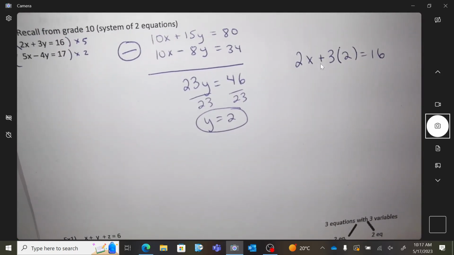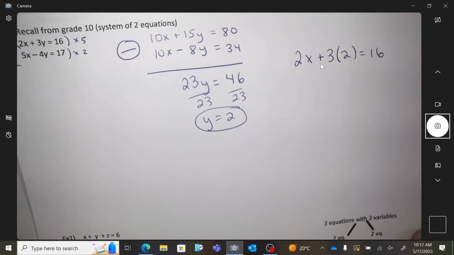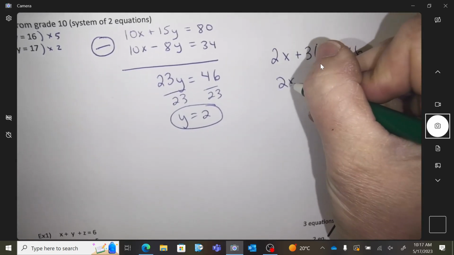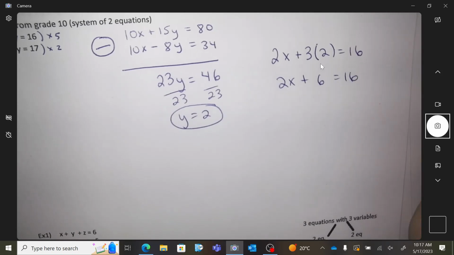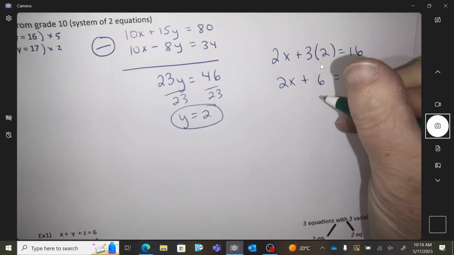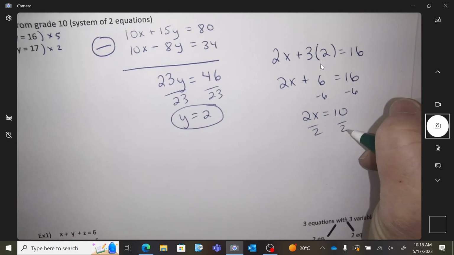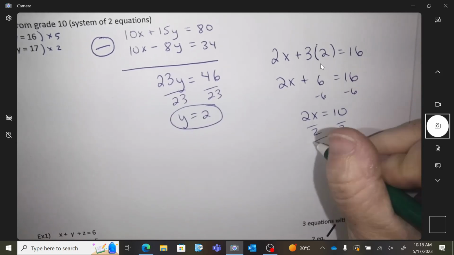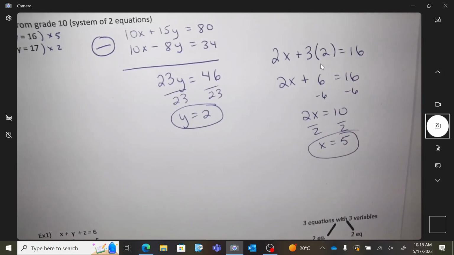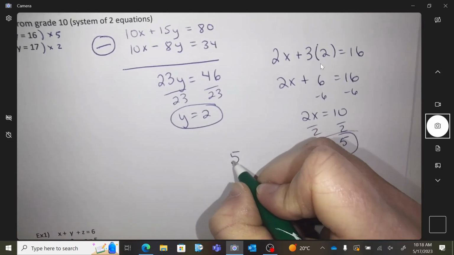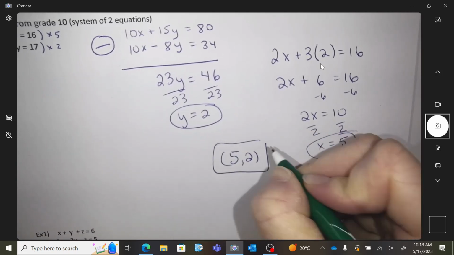You solve for one, you go back, plug it in. 2x plus 6 equals 16. Isolate, so subtract 6. So I would say the solution to this is the coordinate (5, 2).